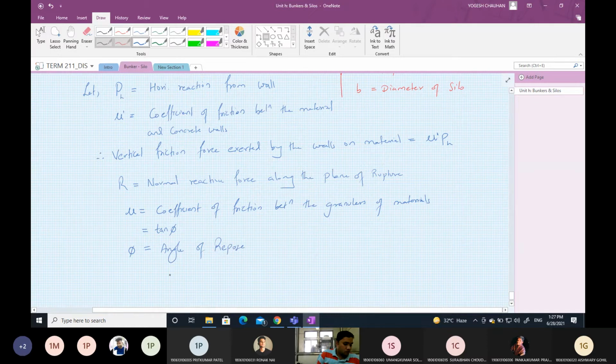Okay. So therefore the frictional force along the plane of rupture will be equal to mu into R. Okay.